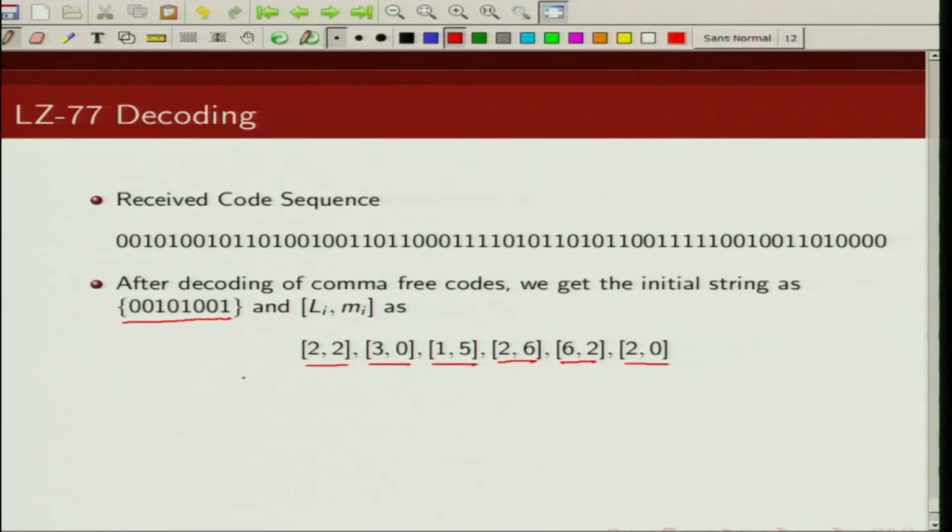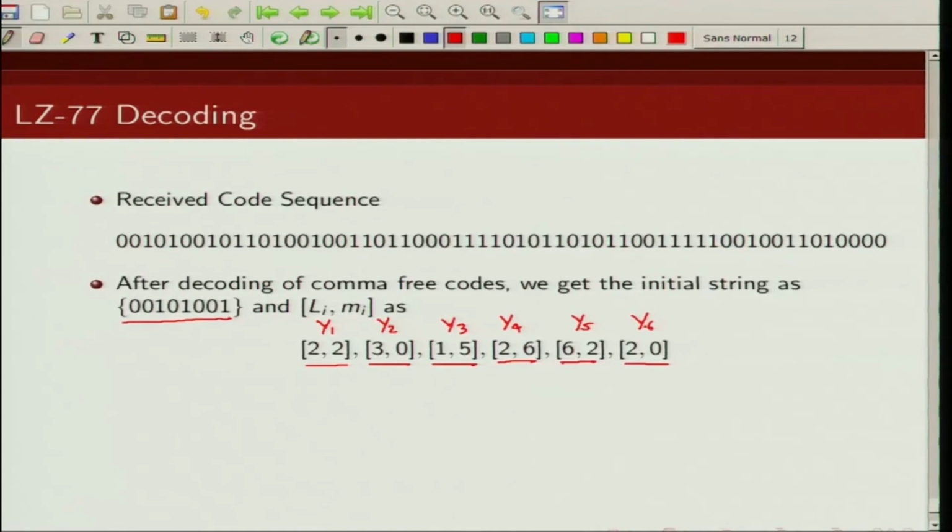Now what do I need to do? Once I know these LIs and MIs, I need to find out the corresponding substring Y1 for L1 M1, and the substring Y2 for L2 M2. So I need to find these substrings.